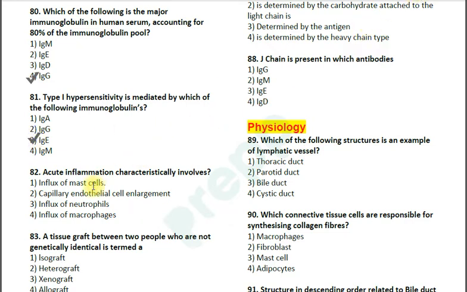Question number 82. Acute inflammation characteristically involves option 1, influx of mast cells, option 2, capillary endothelial cell enlargement, option 3, influx of neutrophils, option 4, influx of macrophages. The correct one is option 3, which is the influx of neutrophils.